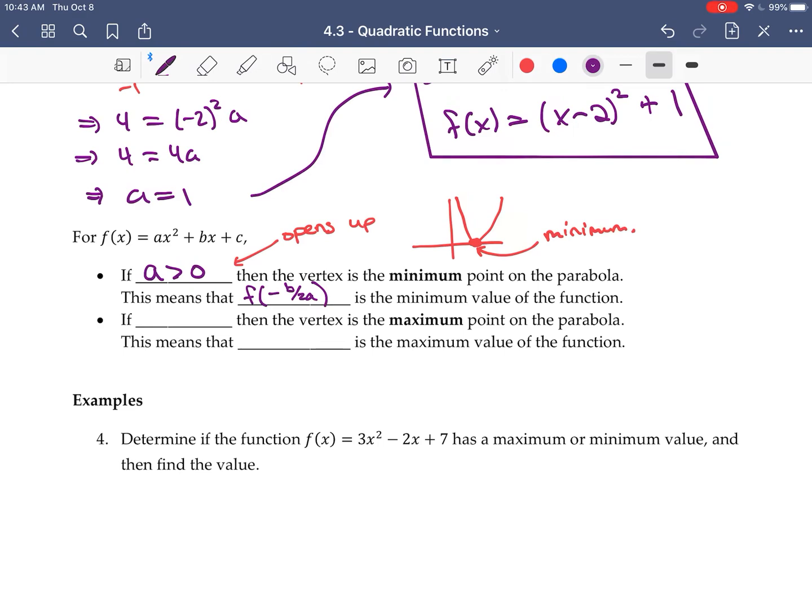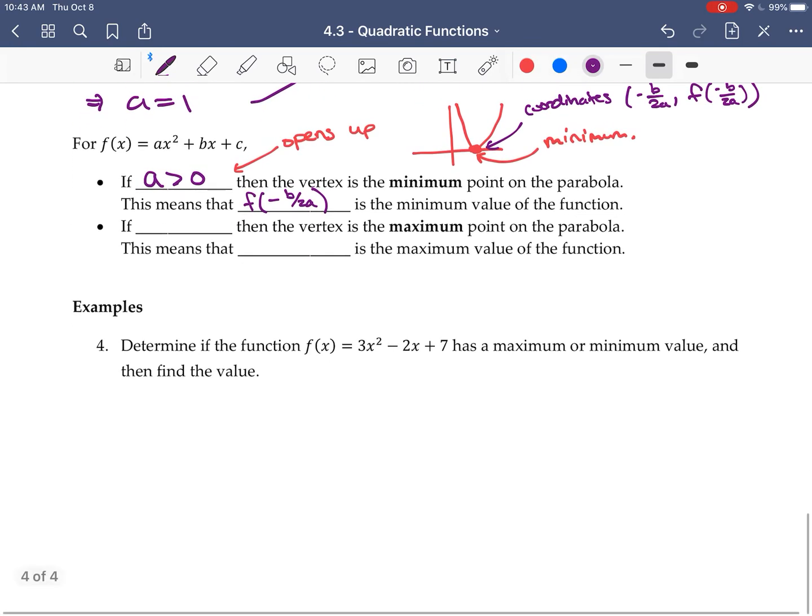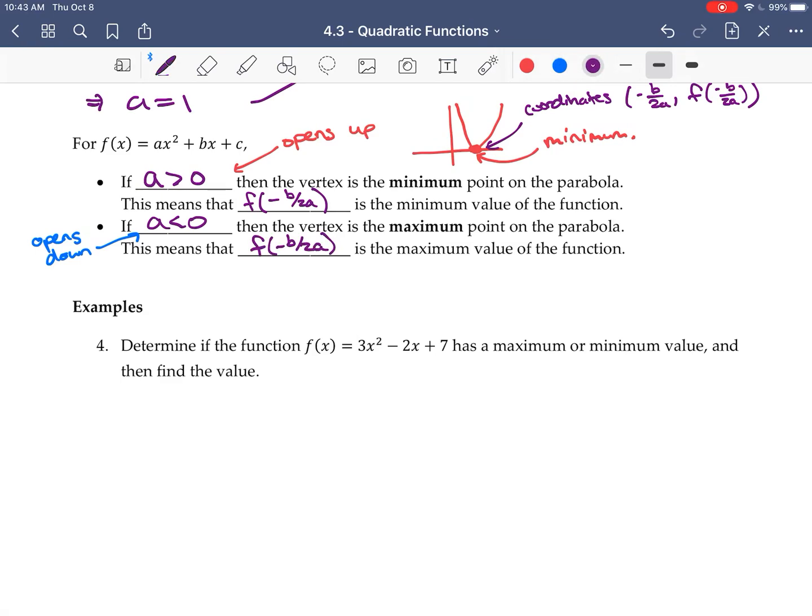So remember this, the vertex here has coordinates negative b over 2a and f of that value. Similarly, if a is negative, that means it opens down, and the vertex is going to be a maximum. So f of negative b over 2a is the maximum value for the function.